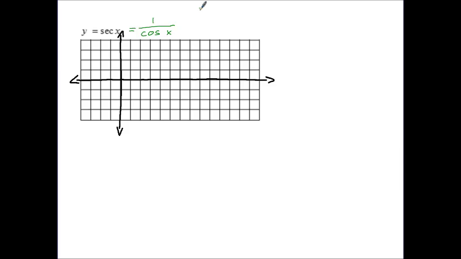For our cosine, we use the mnemonic holo to graph it. First, we're labeling our axes, pi, 2 pi, 3 pi, and so on. And now we're ready to graph.